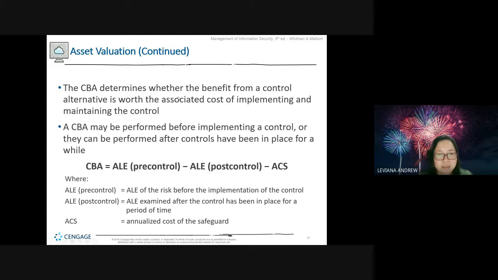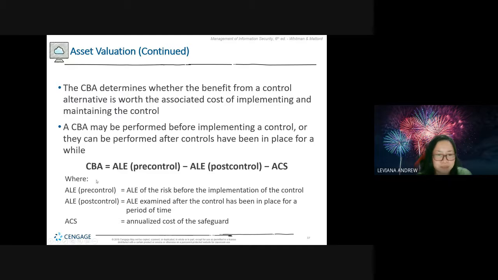The CBA determines whether the benefit from a control alternative is worth the associated cost of implementing and maintaining the control. A CBA may be performed before implementing a control, or it can be performed after controls have been in place.